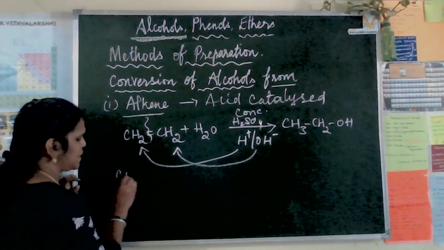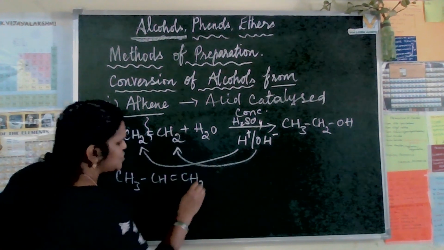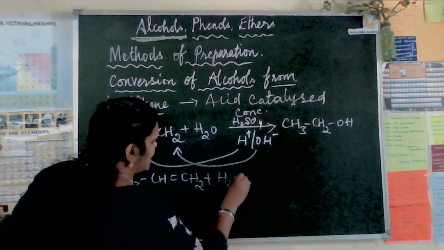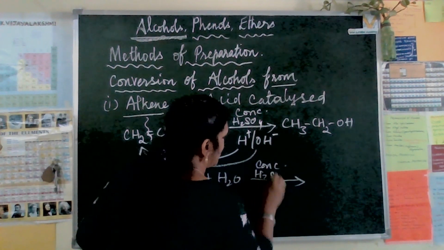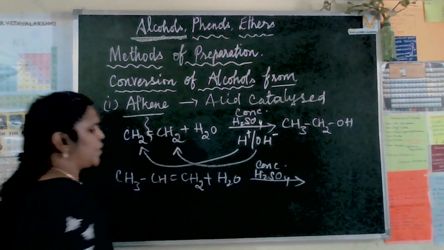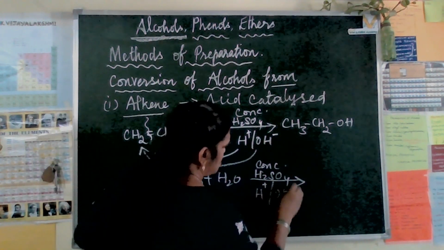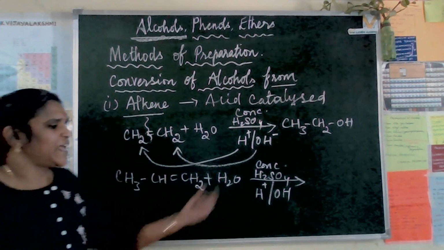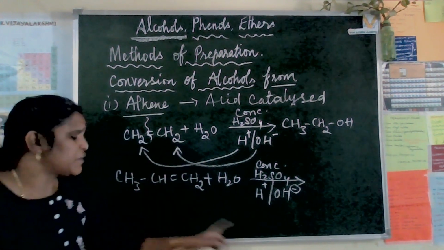Now for example, CH3 CH double bond CH2 combined with water in the presence of concentrated sulfuric acid. What are you going to get now in this place? H plus ion, OH minus ion. Can you guess, this OH minus ion acts as a nucleophile, where will it go and join?